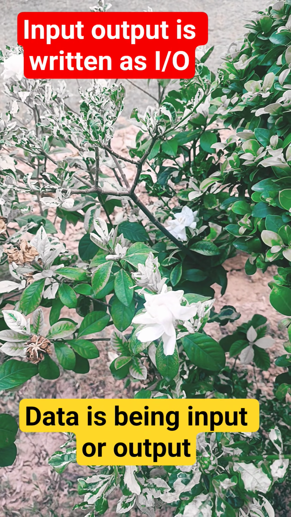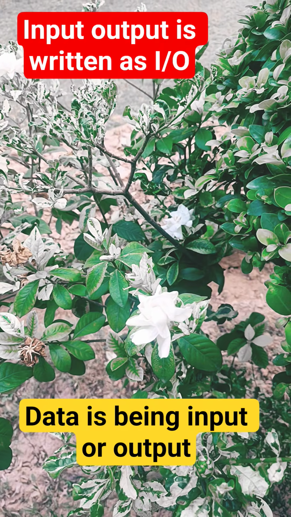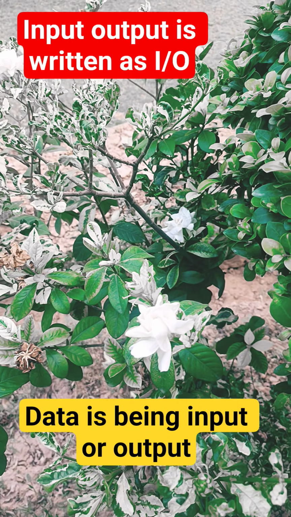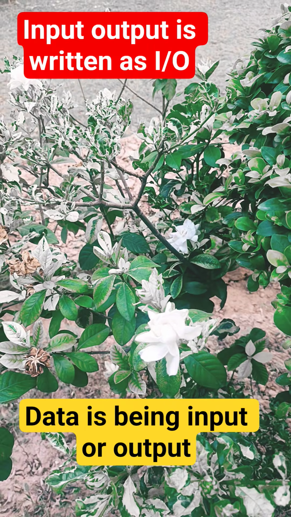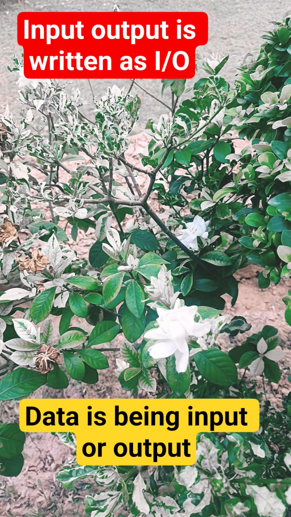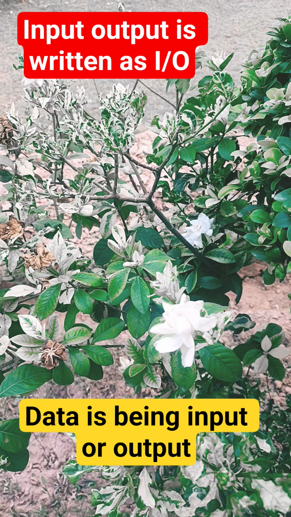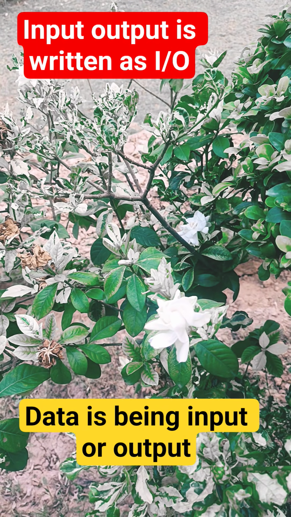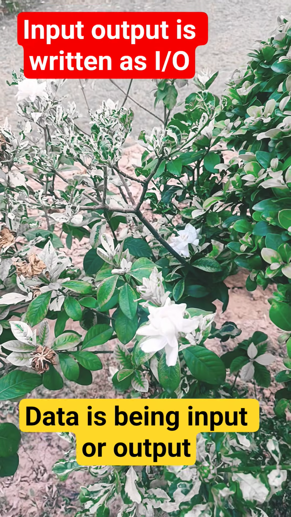Let's say it's a variable called num, N-U-M. Or simply n, or a variable a. So if you want to see what value is being stored in this variable, it'll display the value stored in it.